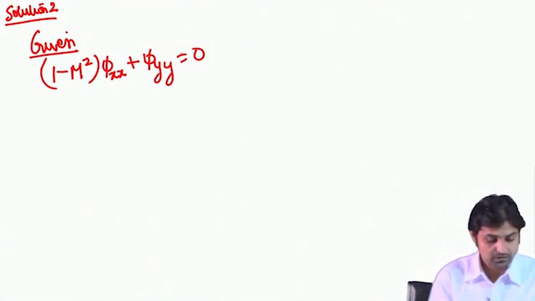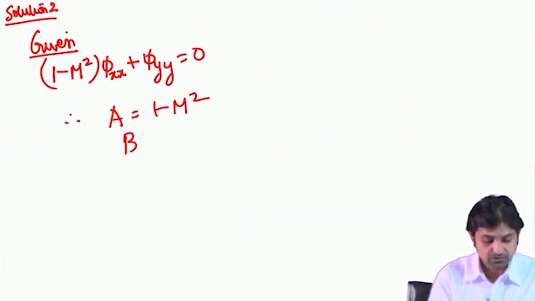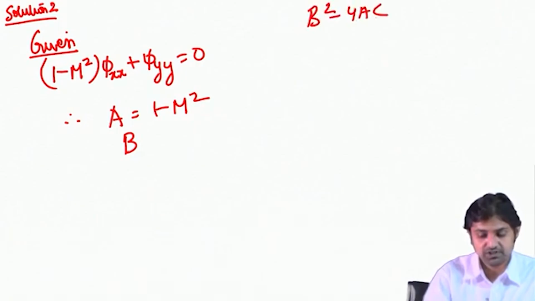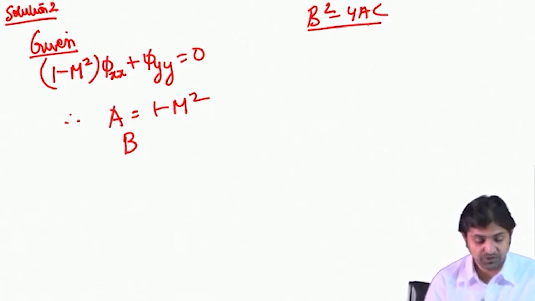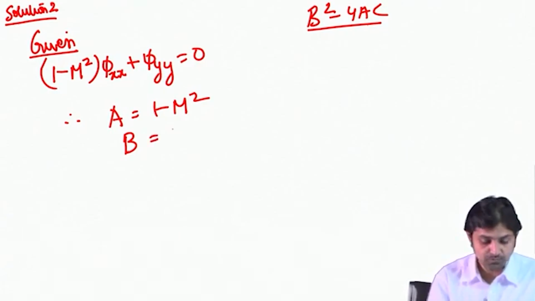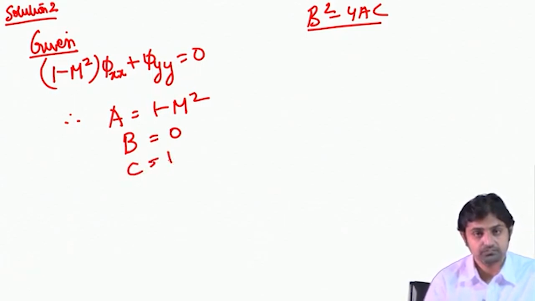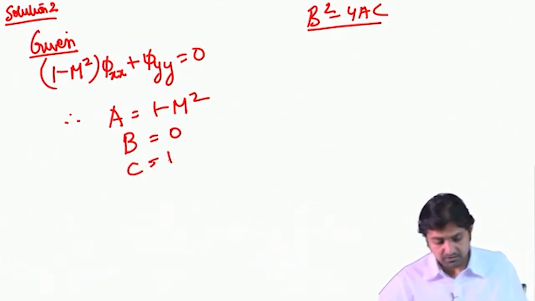Therefore, A is equal to 1 minus m square. You remember that we said we have to calculate the discriminant b square minus 4ac. Here there is no b, but c is equal to 1.